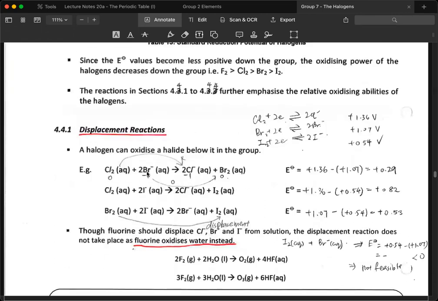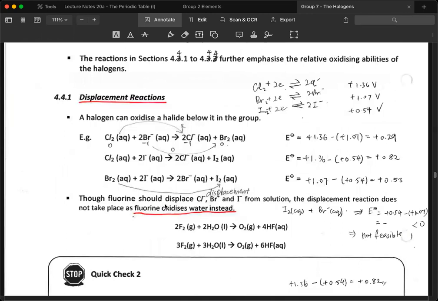You can measure the E0 as we learned in electrochemical cells earlier on. So the halogen can oxidize the halide below it in the group. The more reactive halogen can displace a less reactive halogen from its halide solution with a positive E0 cell value. So fluorine should be able to displace all of these from solution.